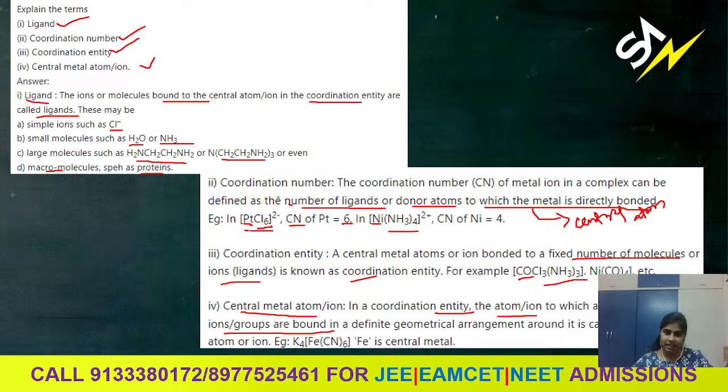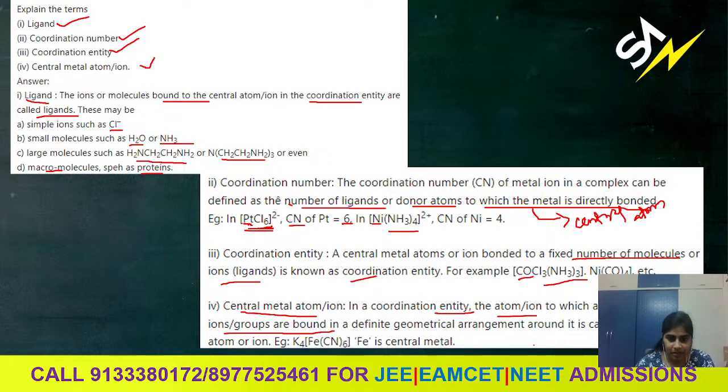You can see here in this example, this platinum is bonded with 6 chlorines, which gives a definite geometrical arrangement. That type of atoms present in the center of the complex are known as central metal atom. They can also be ions.